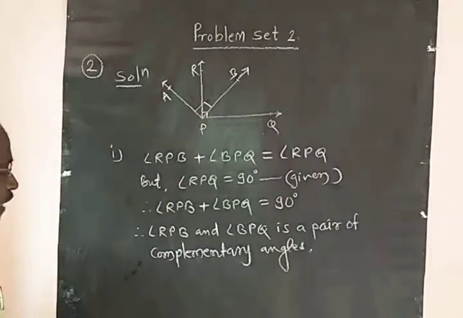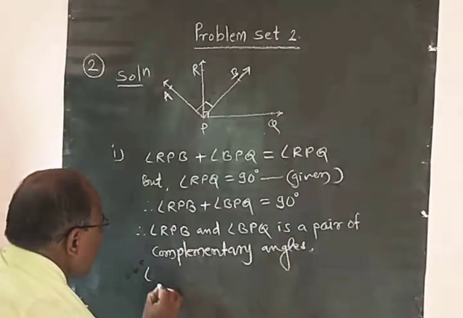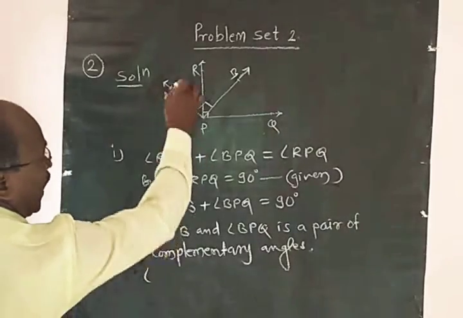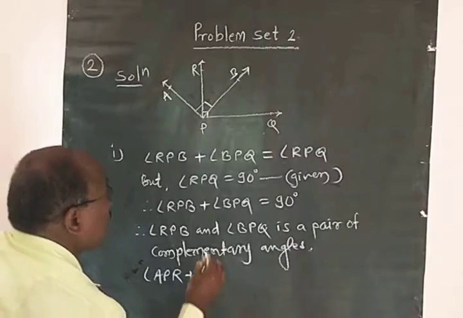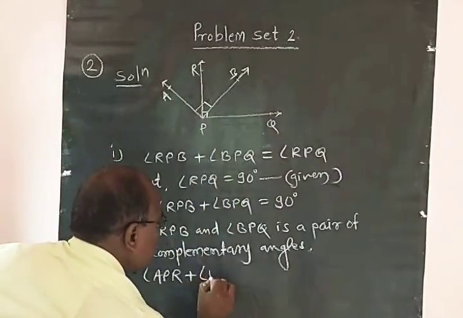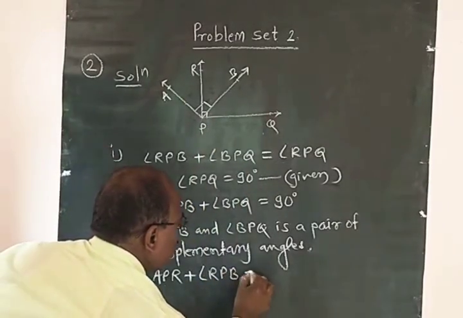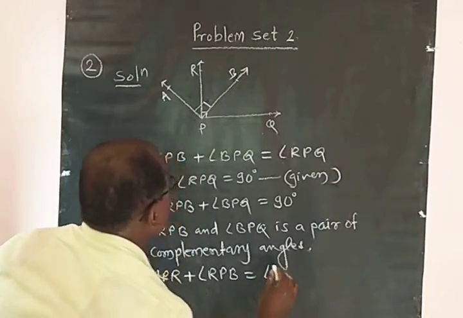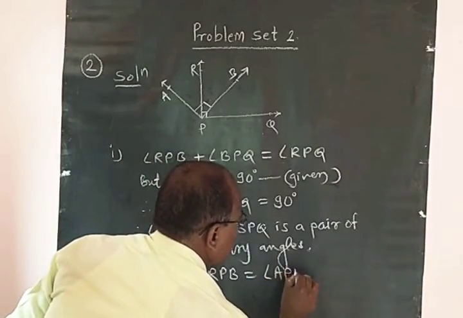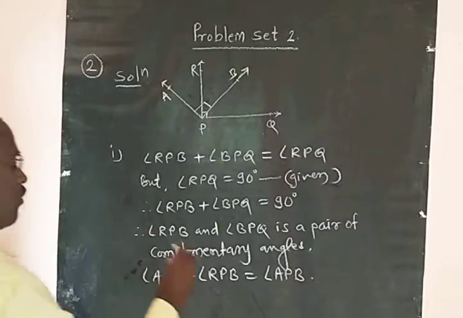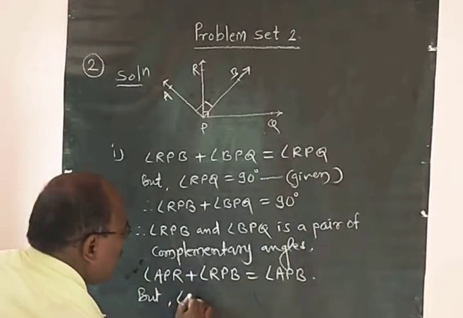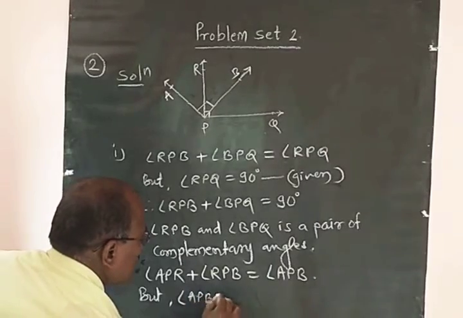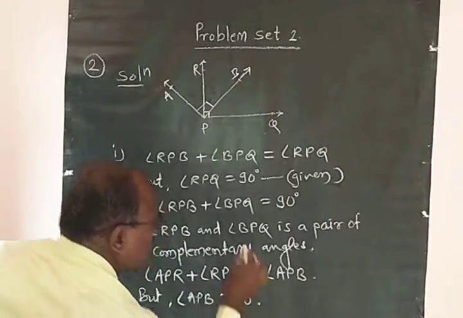So here write angle APR plus angle RPB is equal to angle APB, but here angle APB is equal to 90 degrees.